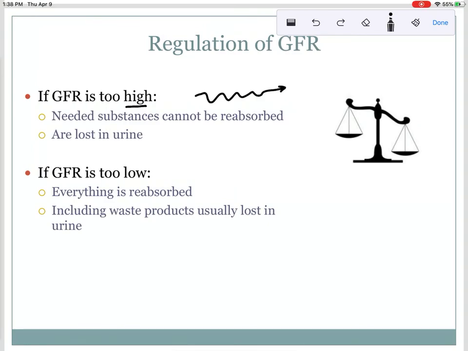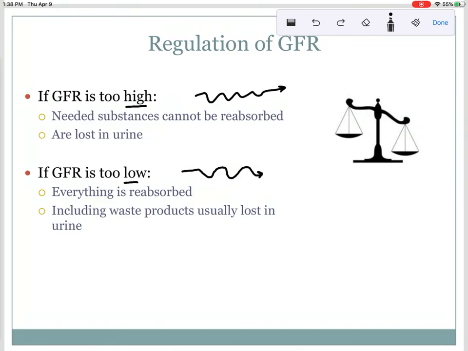On the other hand, if our filtration rate is too low, things are moving too slowly through the tubules. And if things move too slowly through the tubules, we could have too much be reabsorbed.